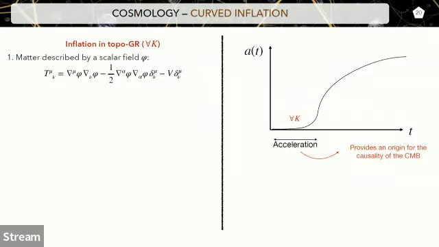Regardless of the value of the curvature, we always have what we had in the flat case in GR. And so this means that the first problem that we had, that we needed to tweak a bit the value of the curvature to solve the causality of the CMB, is not anymore present. We always provide an origin for the causality, for the homogeneity of the CMB, regardless of the spatial curvature. So already at that stage, it behaves a bit better.